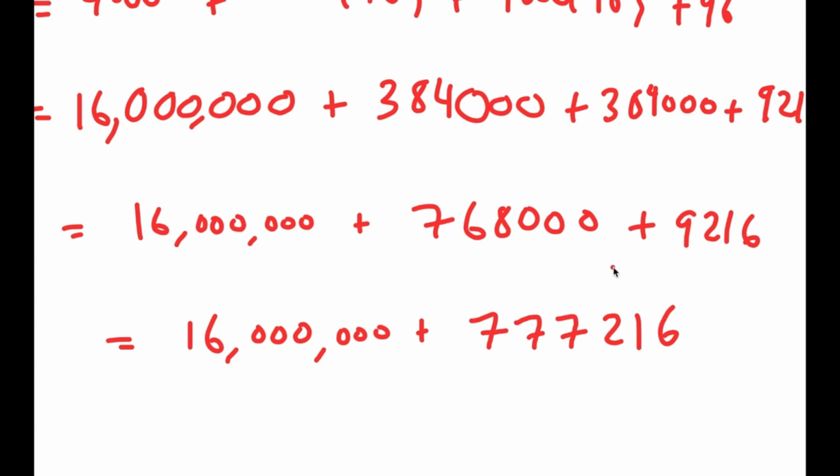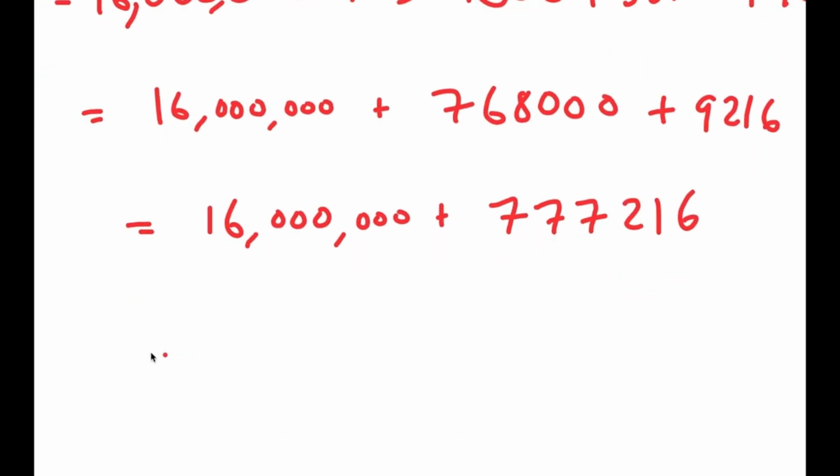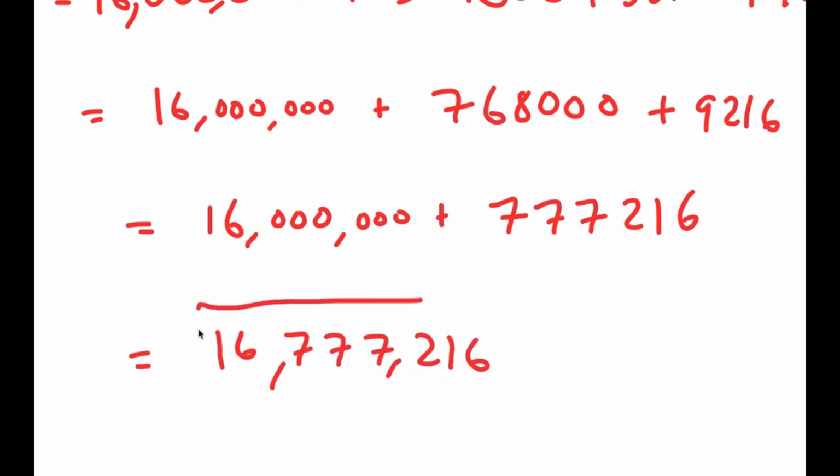And now for my final step, I just have to add this to 16 million. So we don't have to worry about the millions place. So I just get 16,777,216. So this is my answer to this problem.